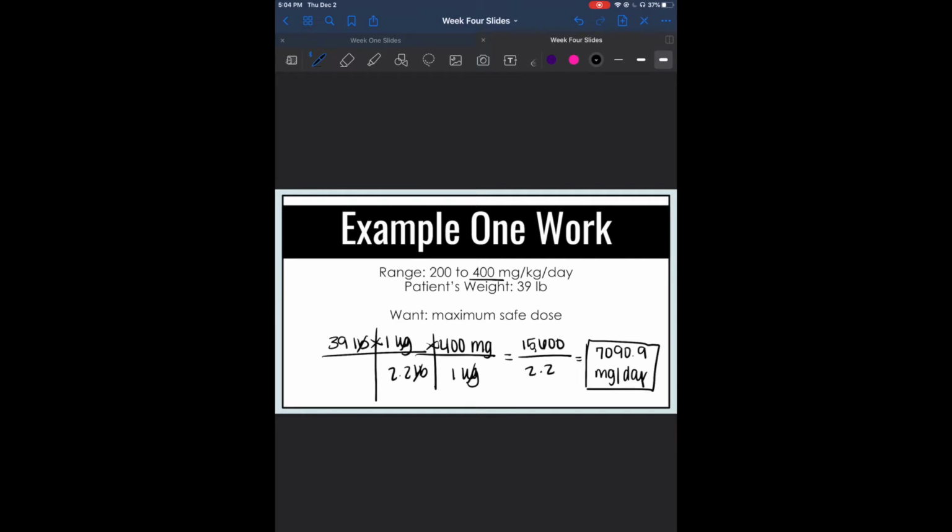And then we end up with a maximum dose of 7,090.9 milligrams per day.